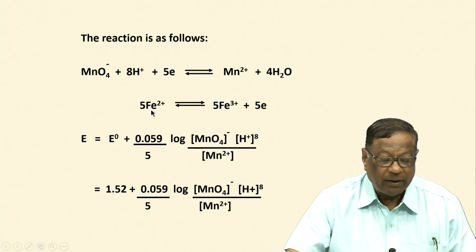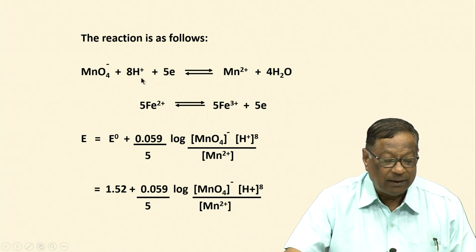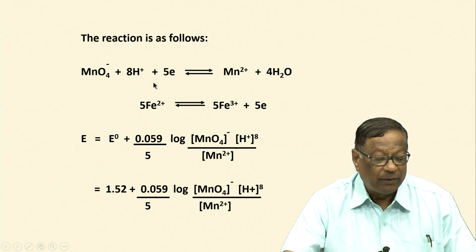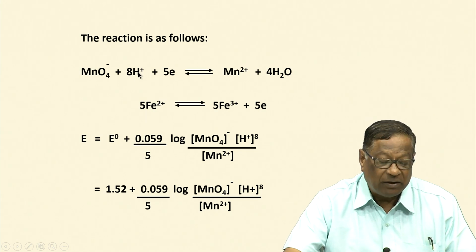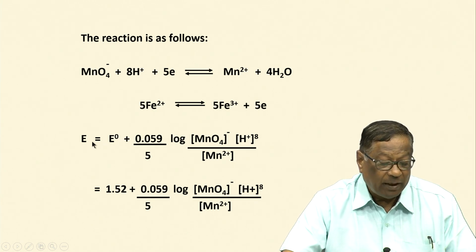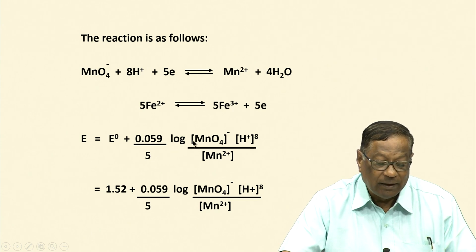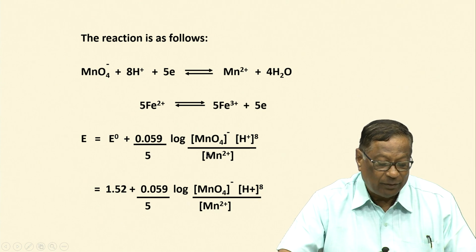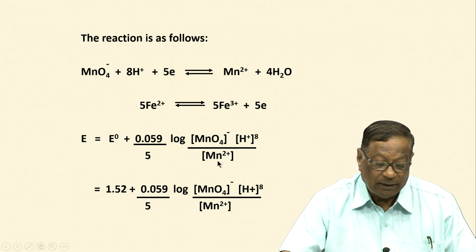So, here 5 Fe2+ goes to 5 Fe3+ and 5 electrons are there. This is 8 hydrogen, that is a very highly acidic medium, approximately 0.1 molar, and E is equal to E naught plus 0.059 divided by 5, the 5 electron system, and log of MnO4- into H+ raised to 8 divided by Mn2+.